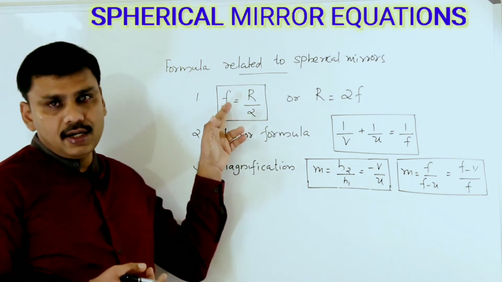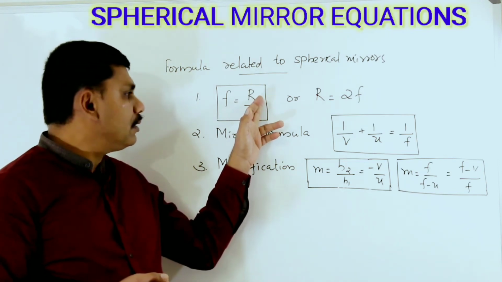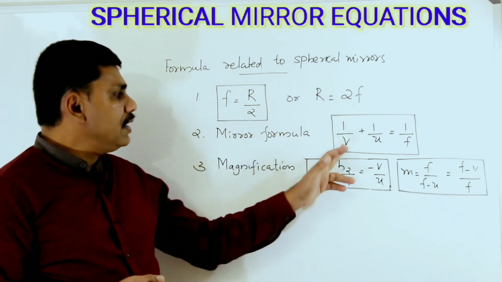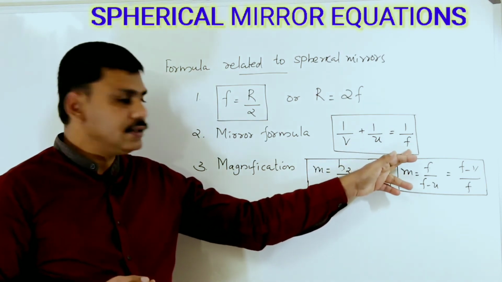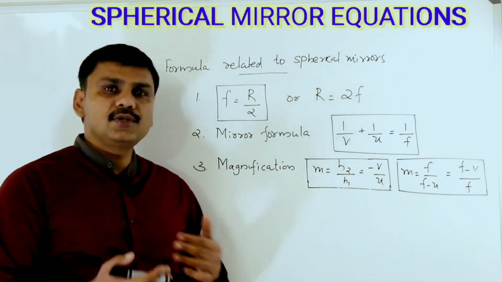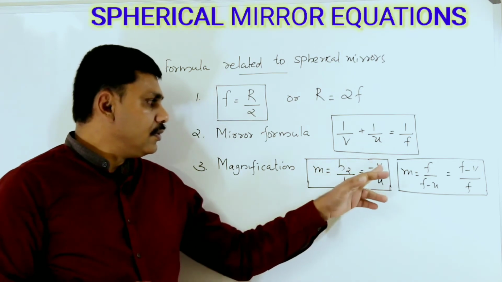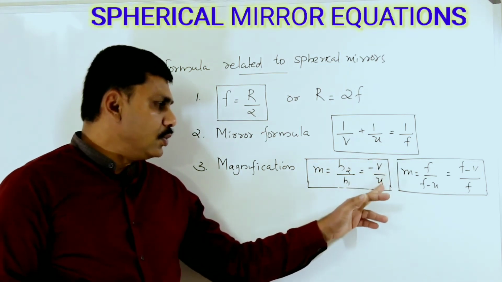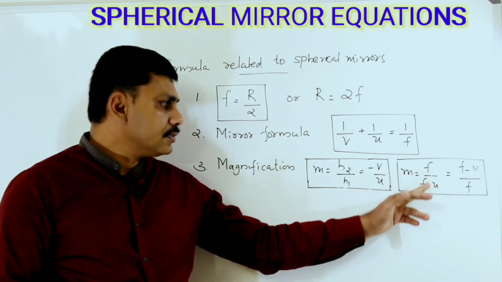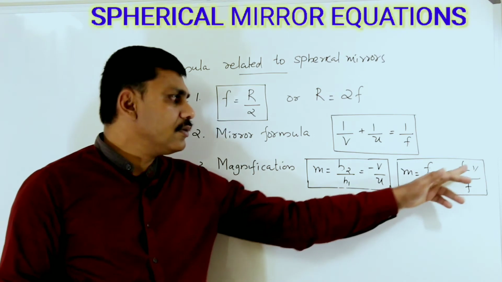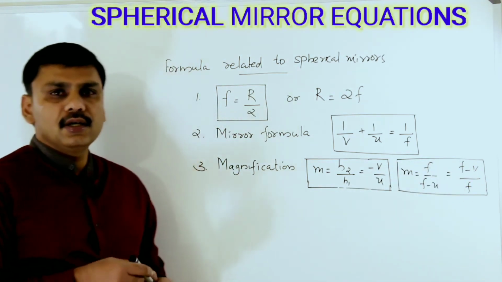So f is the focal length of the spherical mirror, R is the radius of curvature, v is the image distance, u is the object distance, h2 is the height of the image, h1 is the height of the object. These are the main symbols we use for spherical mirrors.